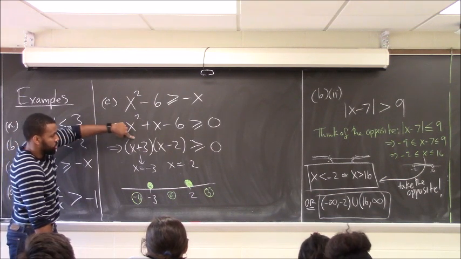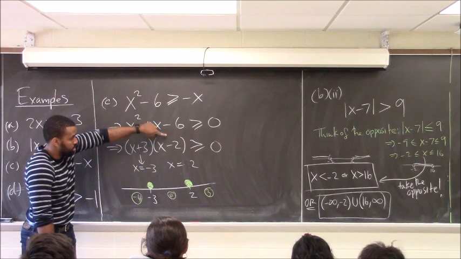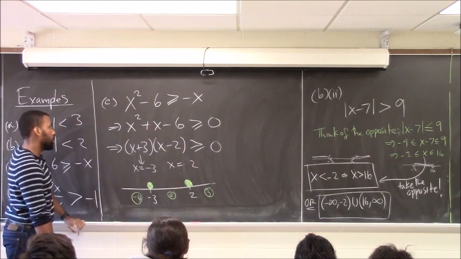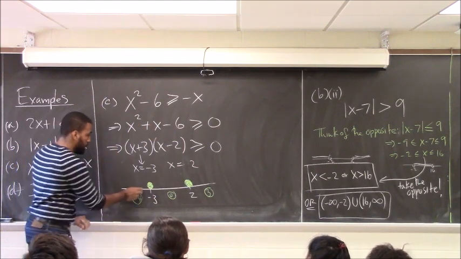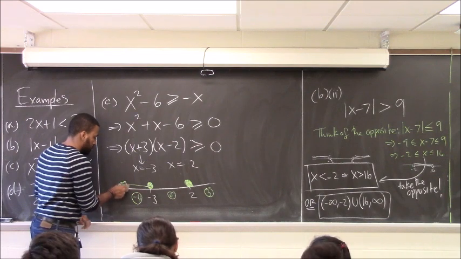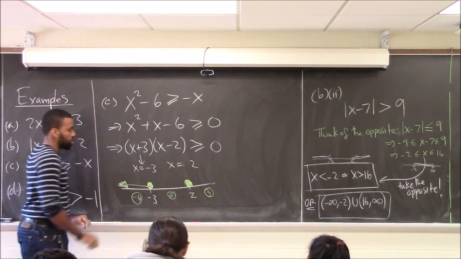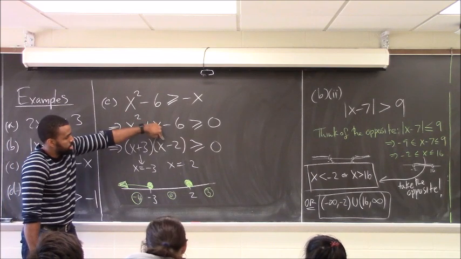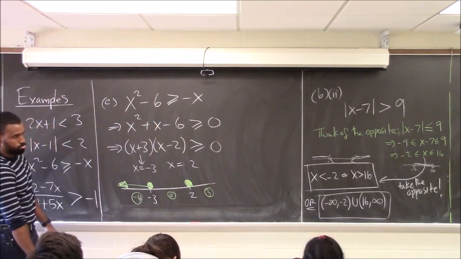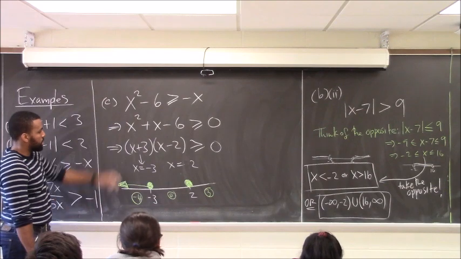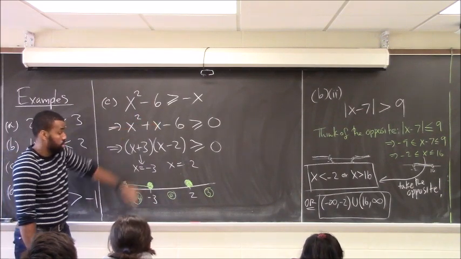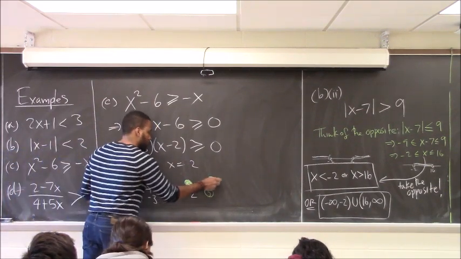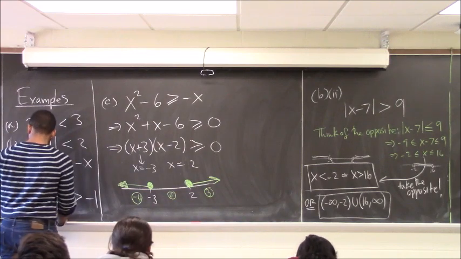If I plug in a minus 4 here, that's negative, and that's negative. Negative times a negative is a positive. So that works. If I plug in a 0, that will give me a positive and a negative, so that does not work. If I plug in a 3, that will give me a positive and a positive, so that works. And so that's your answer.